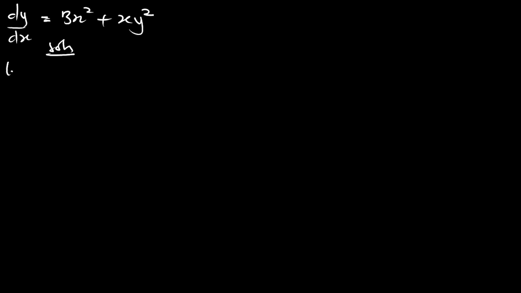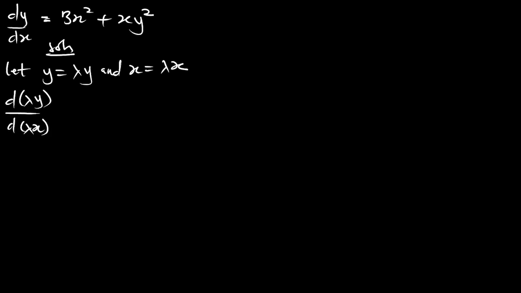We let our y be equal to lambda y and our x be equal to lambda x. So the lambda y on that is going to be equal to 3 lambda x squared plus we have our x, lambda x, lambda y all squared this way.